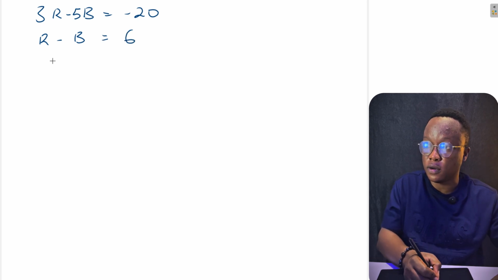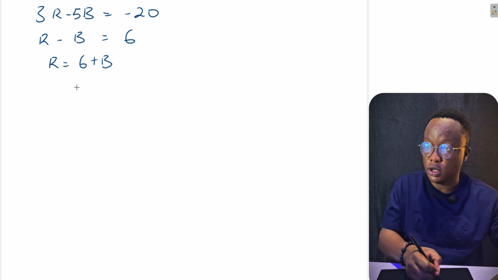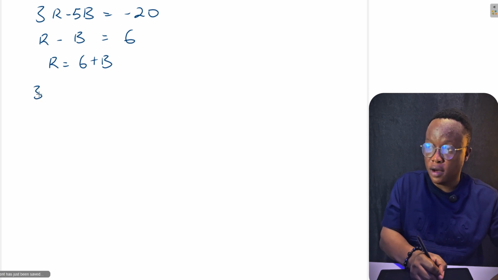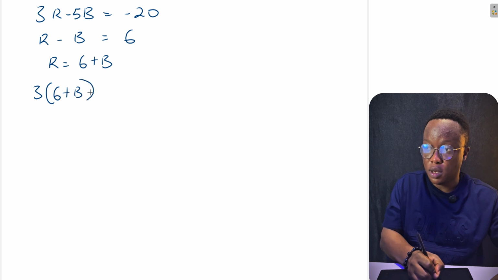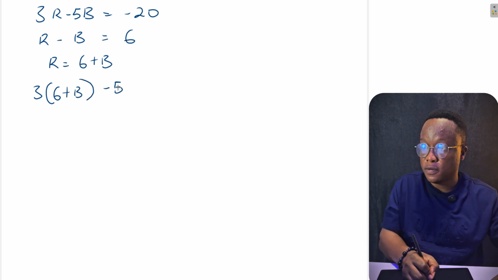Let's make r the subject of the formula here. r is equal to 6 plus b. Let's substitute r is equal to 6 plus b in the first equation. We have 3 into 6 plus b minus 5b is equal to negative 20.